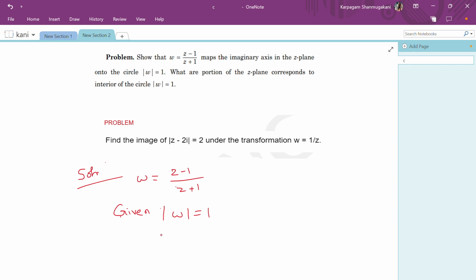What is the value for W? Z minus 1 divided by Z plus 1. So modulus of (Z minus 1) divided by (Z plus 1) equal to 1.